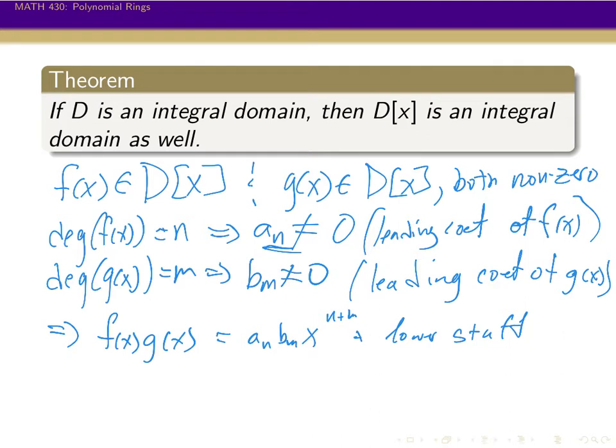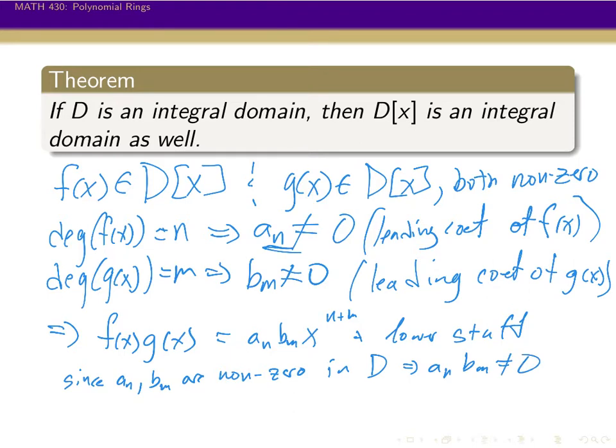Since a sub n and b sub m are non-zero in our integral domain D, then a sub n times b sub m is not equal to 0 either.